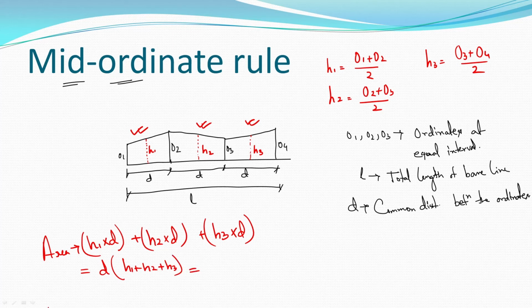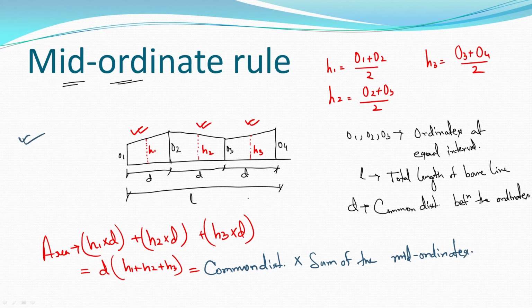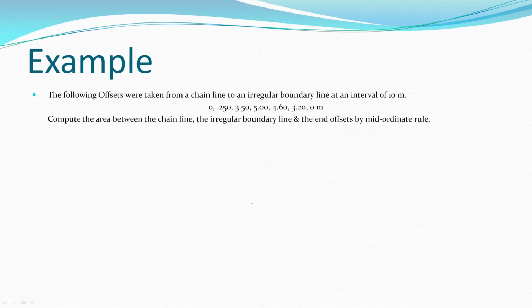So, ultimately we got that the area is the common distance into the sum of the mid ordinates. So, I hope you understand the mid ordinate rule, and definitely we will solve a problem to clear this.